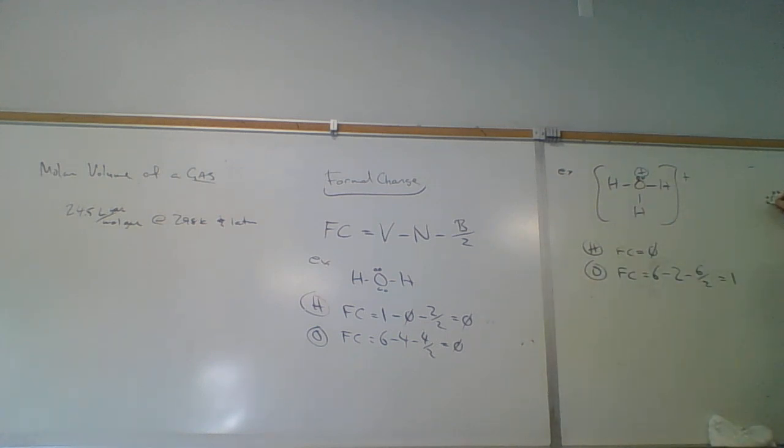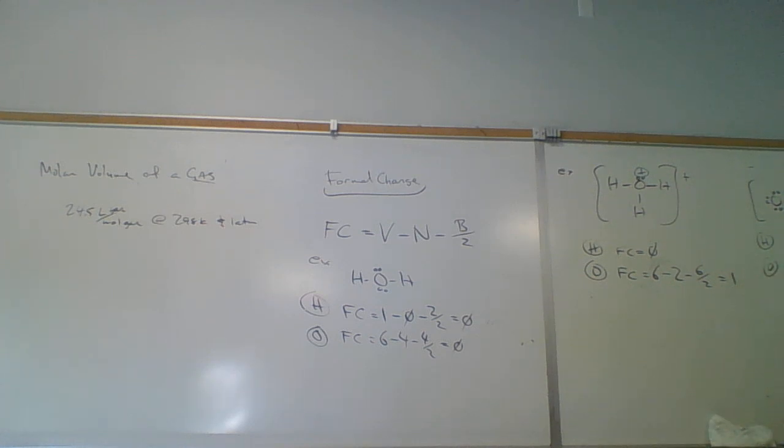It's just either plus or minus. Let's do this one next. So the net charge on this, what's this called? Hydroxide. What was this one called? Hydronium. So hydronium and hydroxide. Net charge on hydroxide is minus. Where's that minus charge located? Well, hydrogen is 0. Formal charge equal to 0.